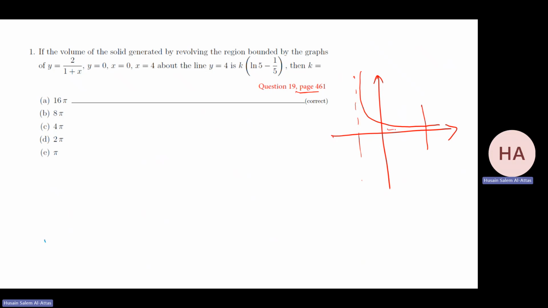So I'm talking about this region, and about the line y equals 4. This is my axis of revolution. And he said it's k times this, find k. Okay, let's just find the volume, and then we can find k.